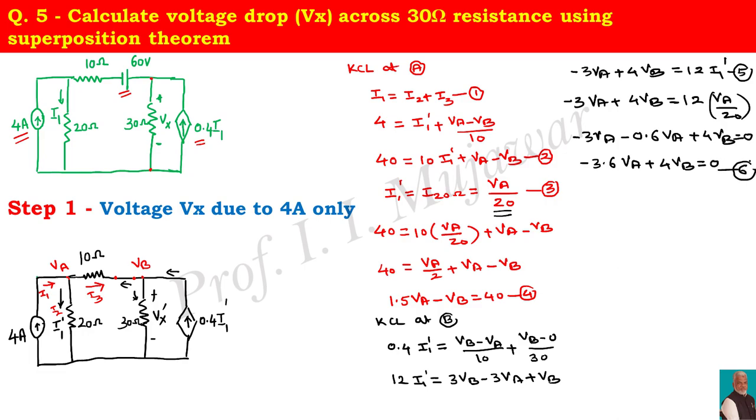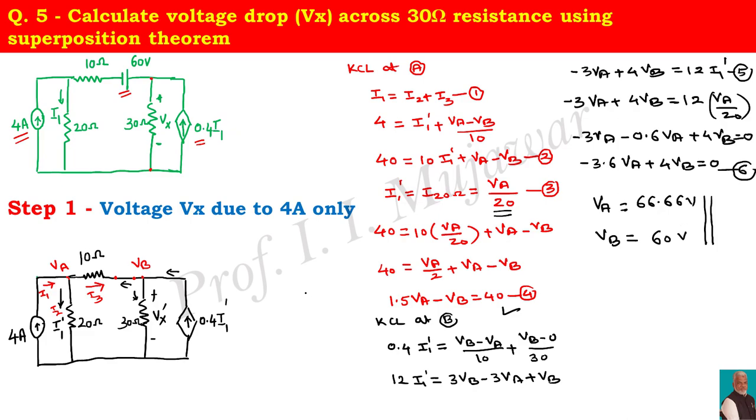That means what we have is two simultaneous equations. One equation is this one, 1.5 VA minus VB equal to 40, and this is equation number 6. So if I solve for VA and VB, VA comes out to be 66.66 volt, whereas VB comes out to be 60 volt.